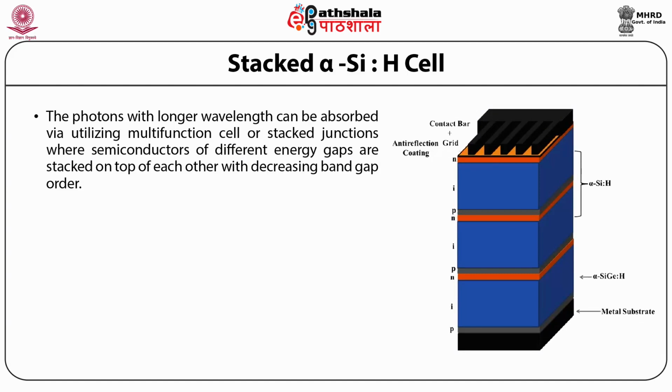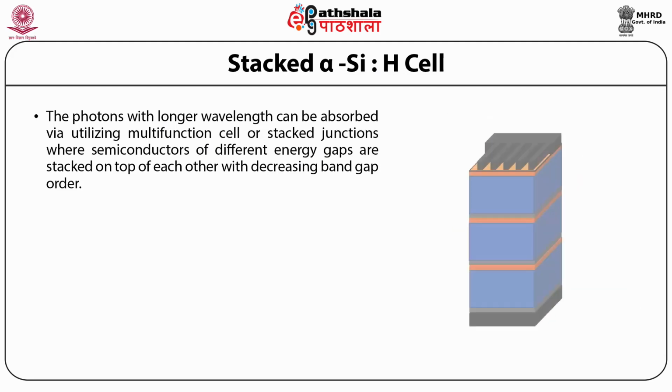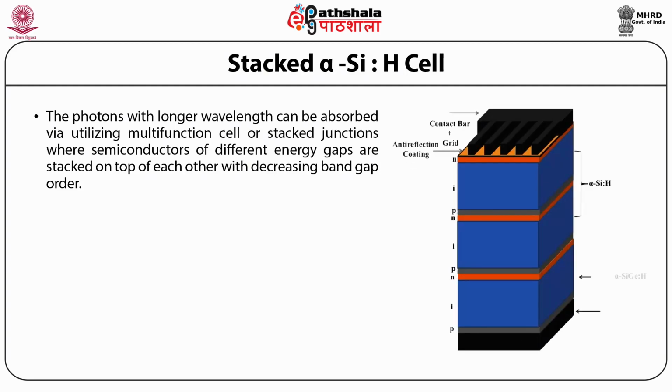Studies on stacked alpha silicon cells are in progress at SERI USA, and the structure being studied is shown in the figure. In this structure, three stacked cells using NIP configuration are considered ideal from a practical consideration.